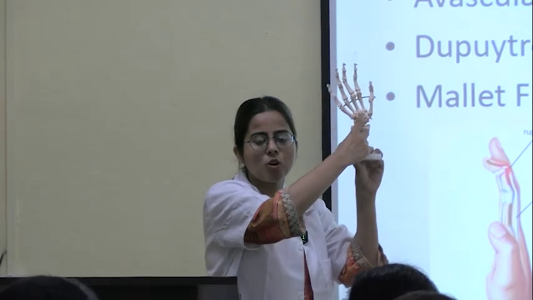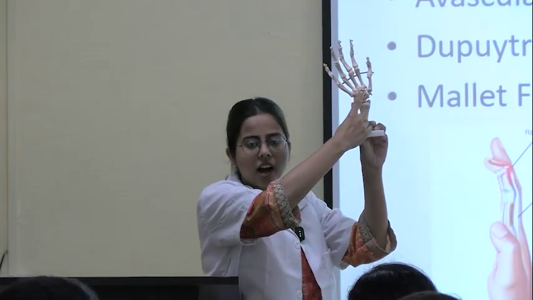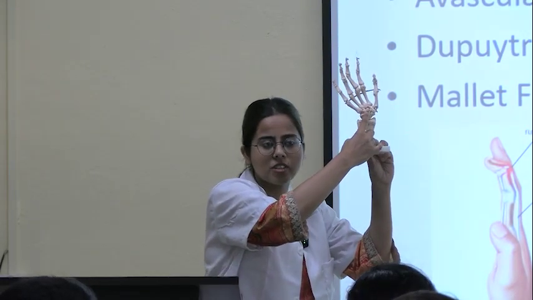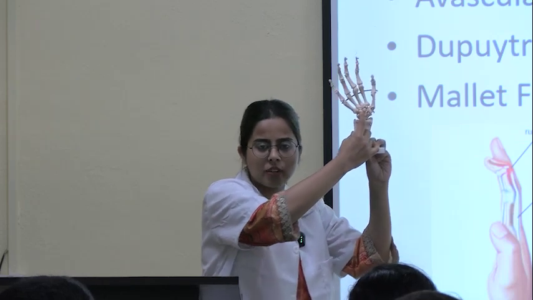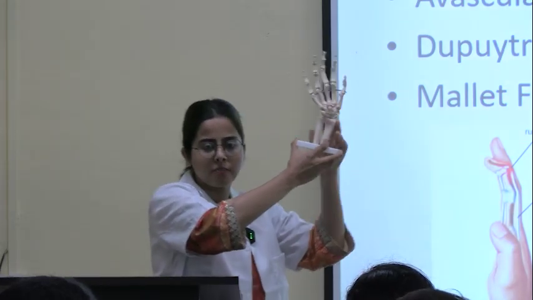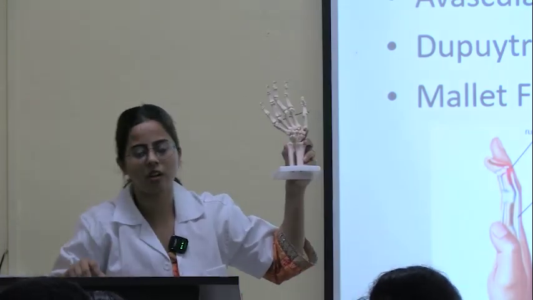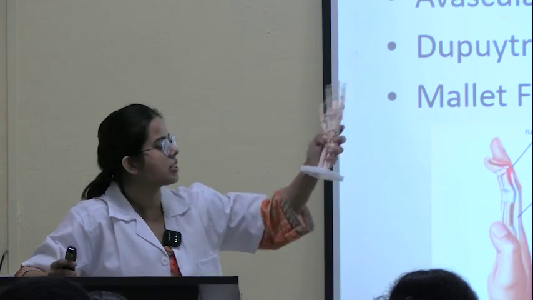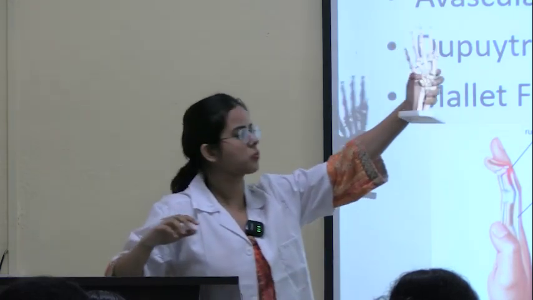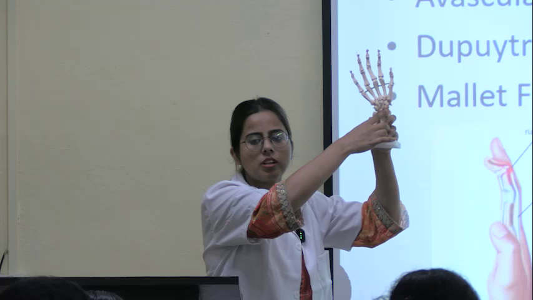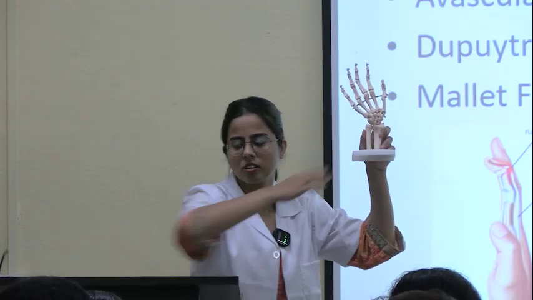It will be asked. The hook of hamate is very important. The ulnar artery and ulnar nerve are related to it, so the blood supply will be disrupted and all the muscles and sensations supplied by the ulnar nerve will also go. Clear? Now you have understood avascular necrosis of the scaphoid.